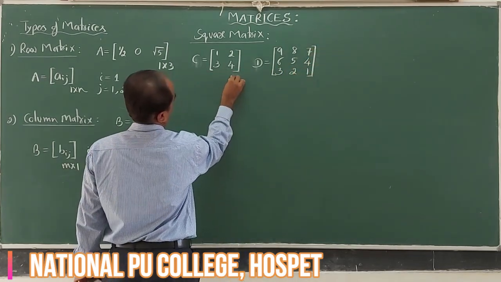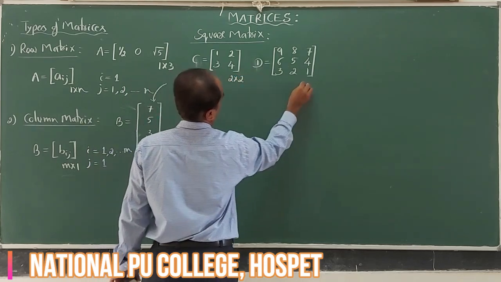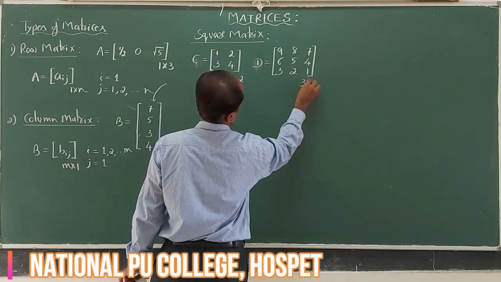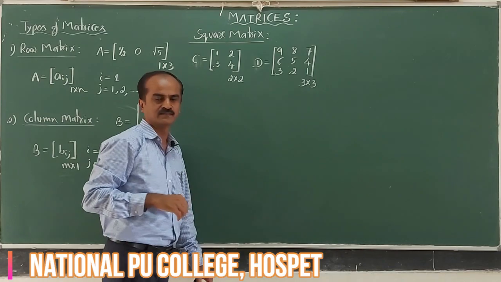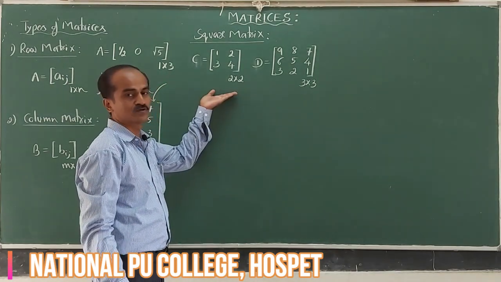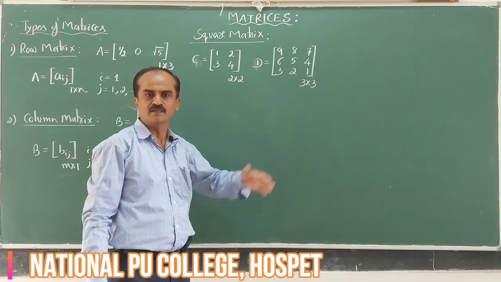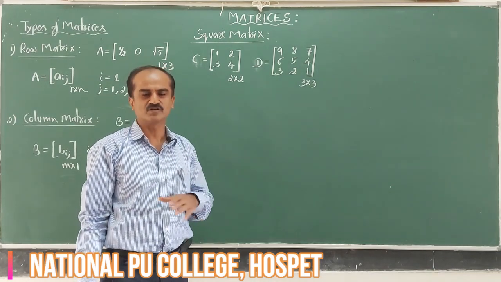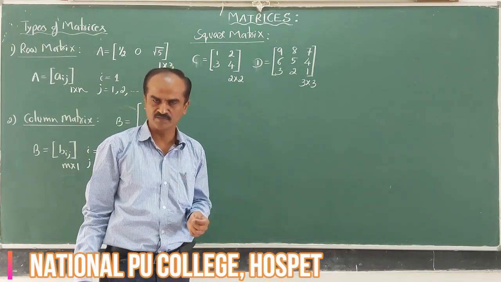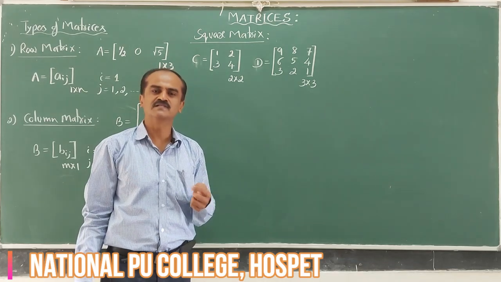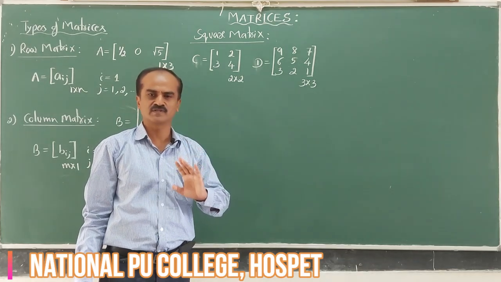So what is the order of the matrix? 2 by 2. Here the order of the matrix is 3 by 3. So it is a square matrix of order 2 by 2, square matrix of order 3 by 3. You can modify this. Instead of saying square matrix of order 2 by 2, you can say simply square matrix of order 2. That is more than enough.